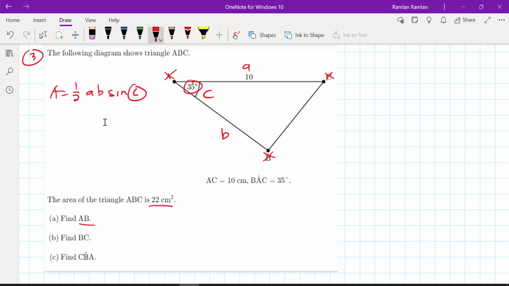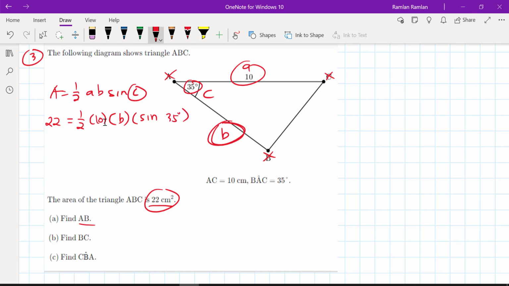So this B here is going to be the one that we're going to find. If I change this into B, because we know that the area is 22, there'll be 22 equals 1/2 times A, which is 10, and then times B, the one that we want to know, and then times sine of 35 degrees.